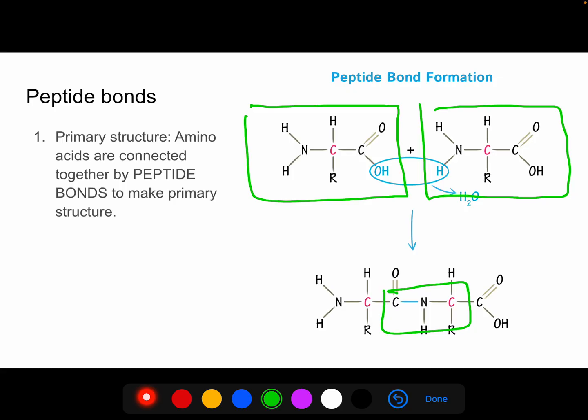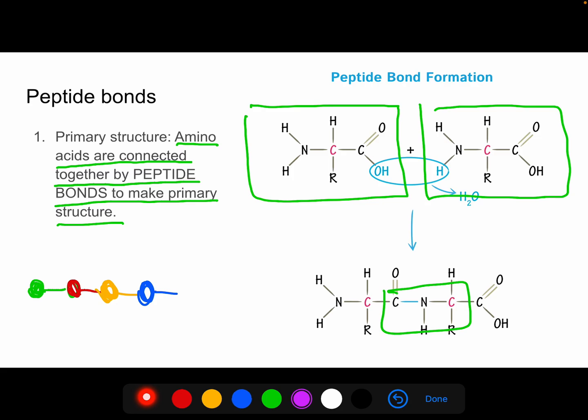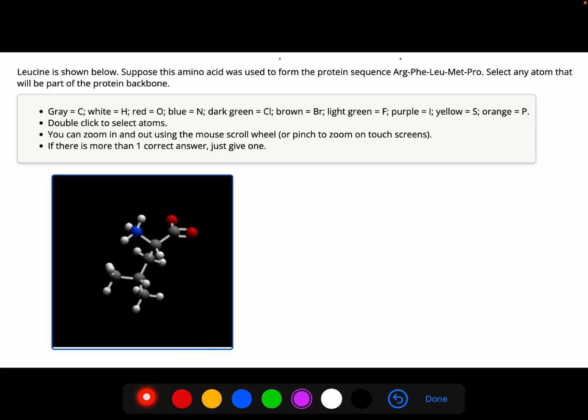And that's called the primary structure. Amino acids are connected together by peptide bonds to make primary structure. If you consider this one amino acid, peptide bond, another amino acid, peptide bond, another amino acid, peptide bond, another amino acid. So it will just keep going, and this is called primary structure.